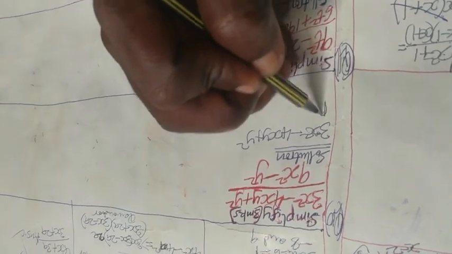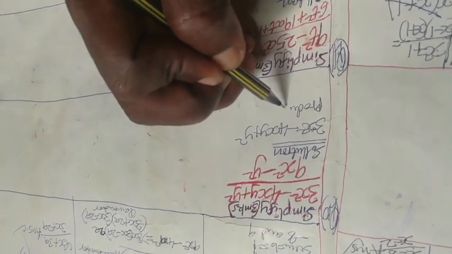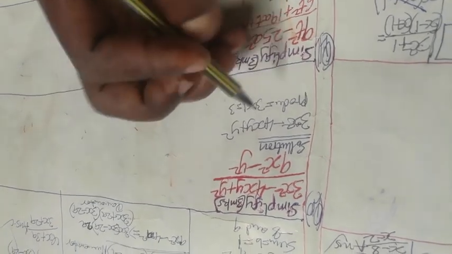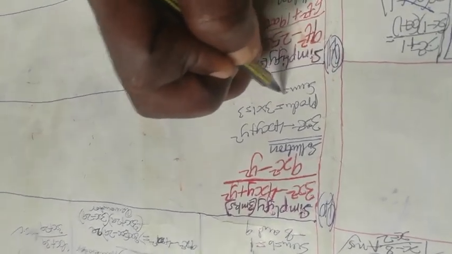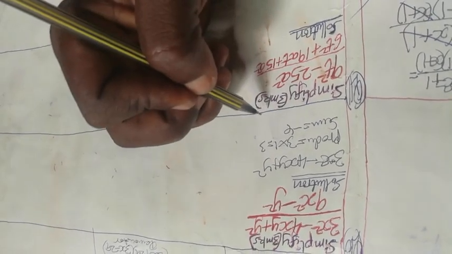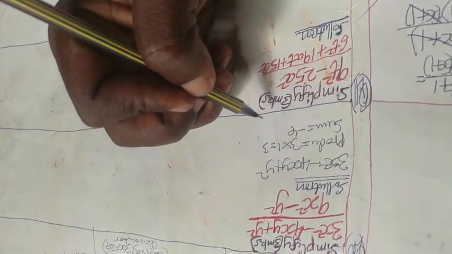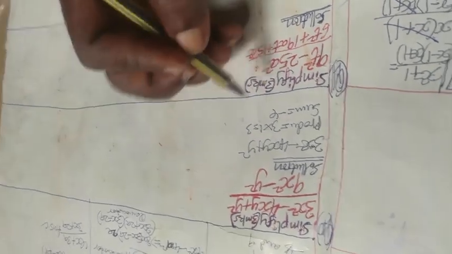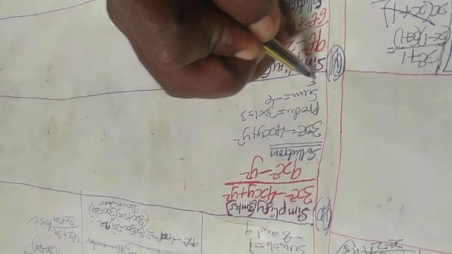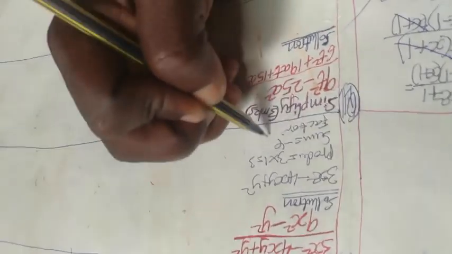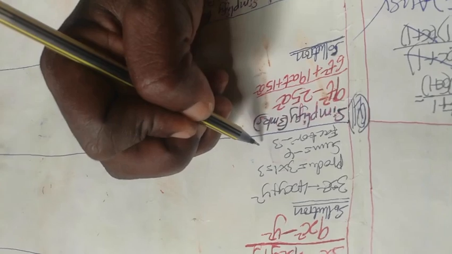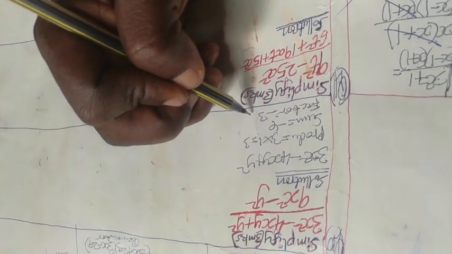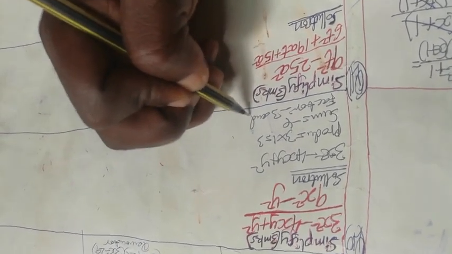Now our product is 3 times 1, which is 3, and the sum is -4. Two numbers you multiply to get 3 and add to get -4. Hence the factors here are -3 and -1.